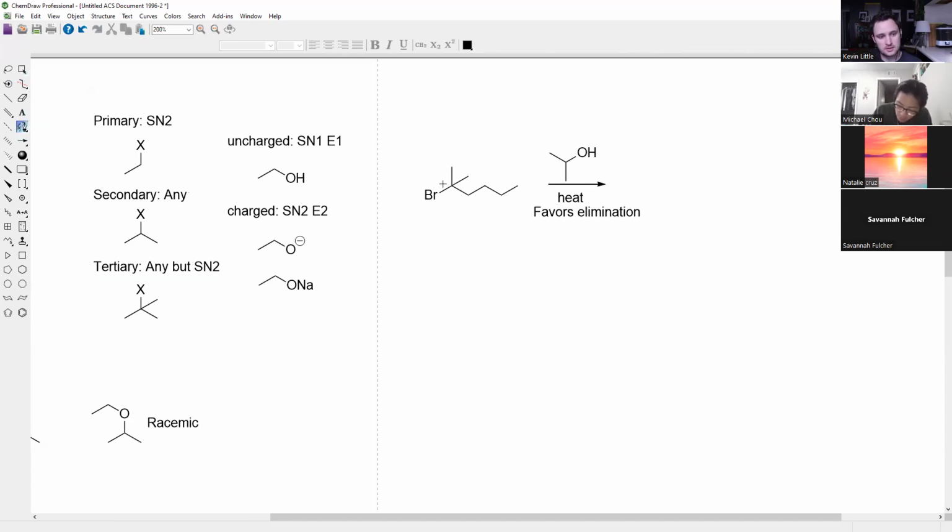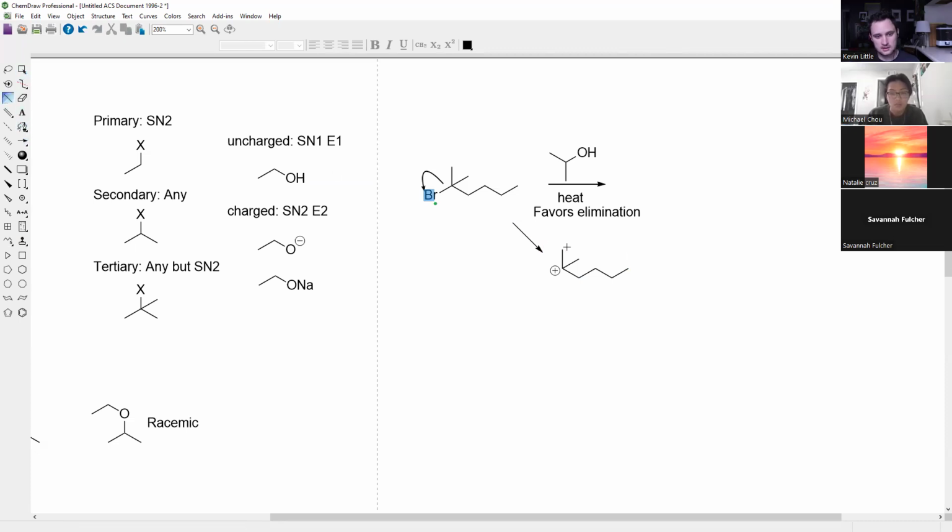So the mechanism of E1 is this bromine leaves first. And then I have to do elimination. Where am I going to eliminate from?